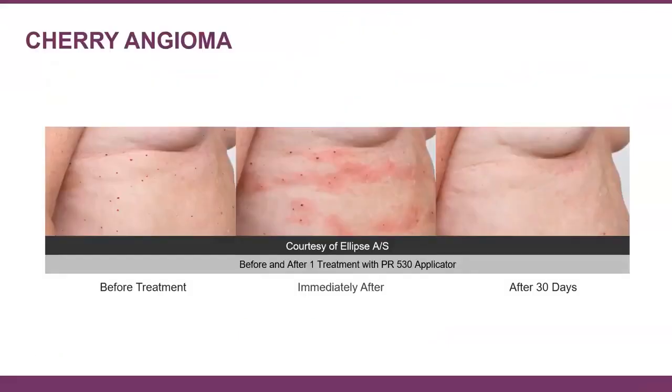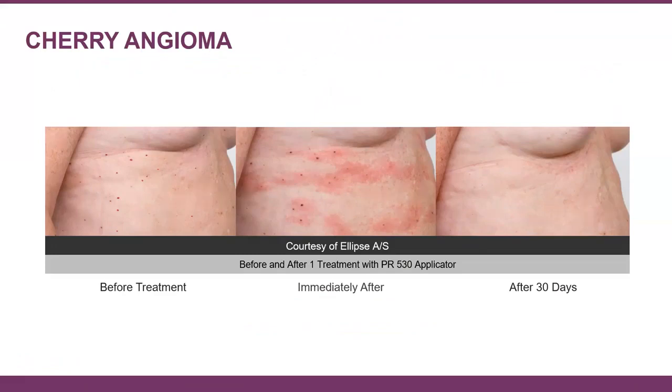Here we're treating cherry angiomas. I think the results are very nice. All of those Campbell de Morgans have disappeared. However, I would say one thing about the treatment here.